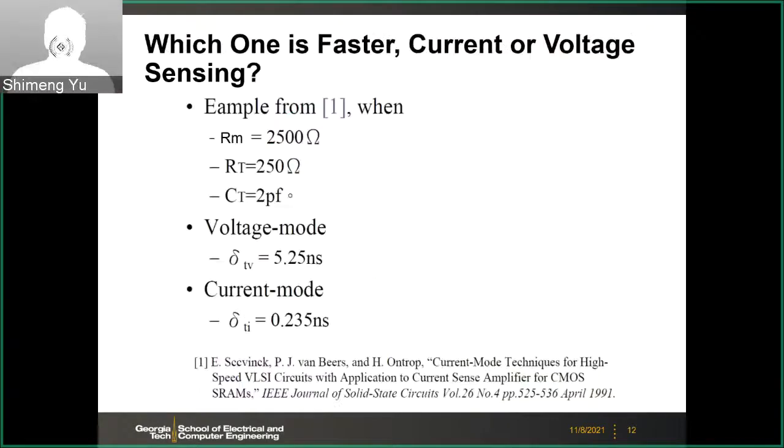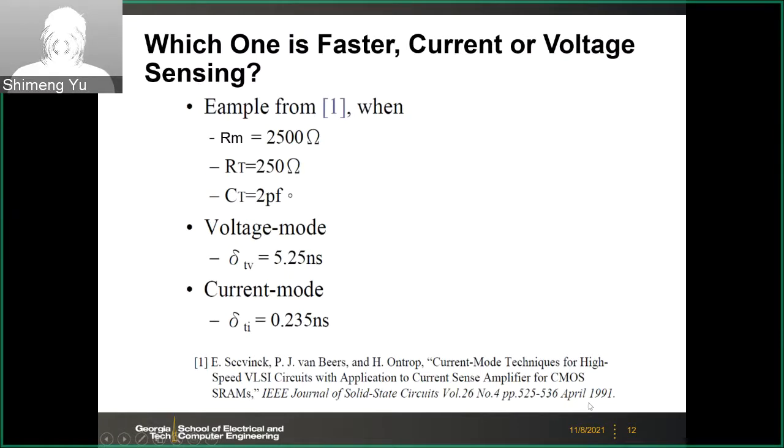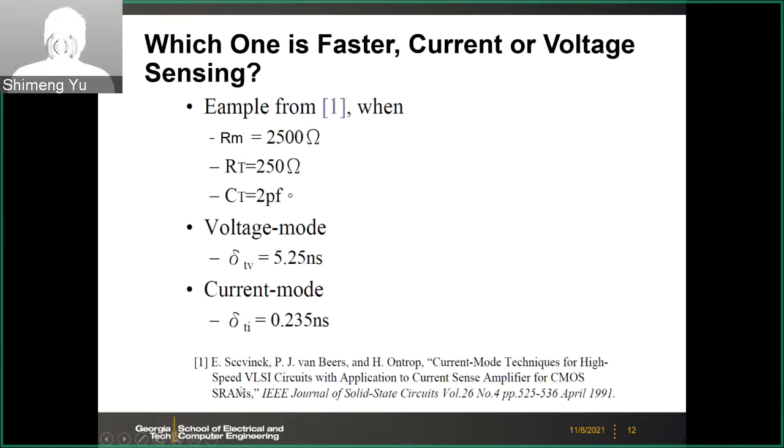Okay, so let's look at some examples. Which one is faster, current or voltage sensing? This is taken from a very old paper, like 1991, JSSC, for the SRAM. Those are the parameters from this particular paper for some old technology node.